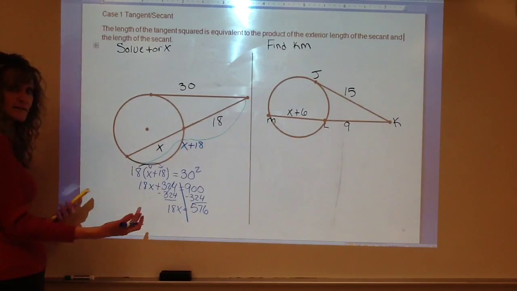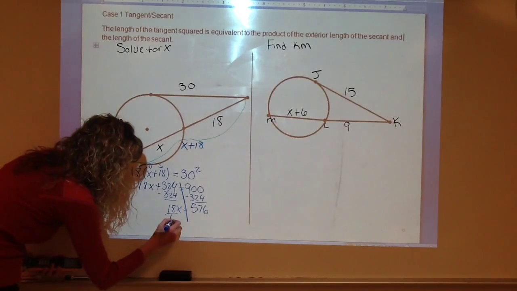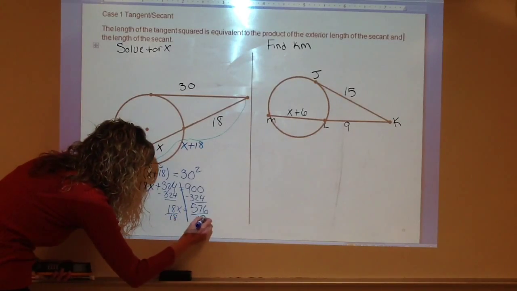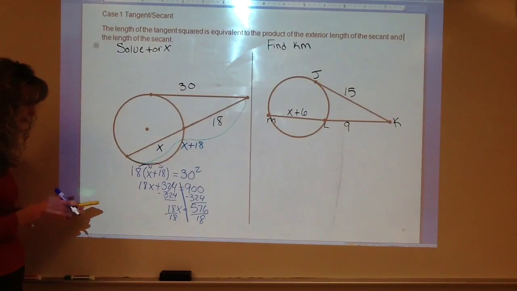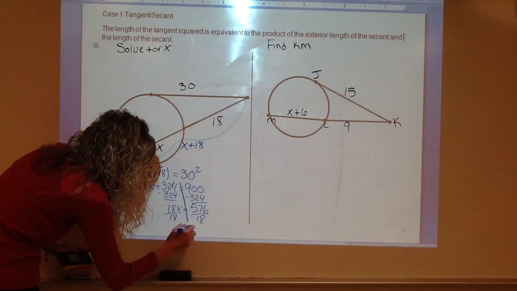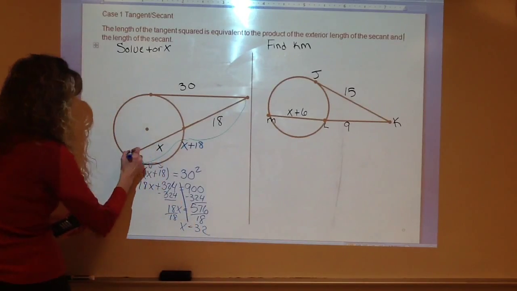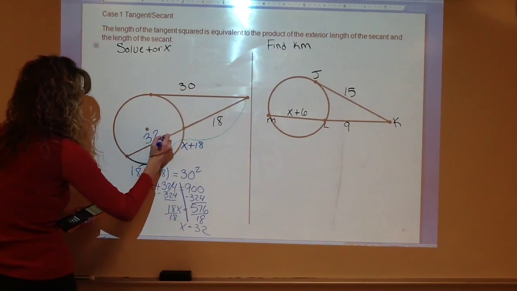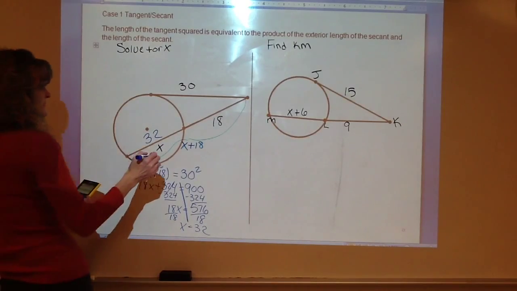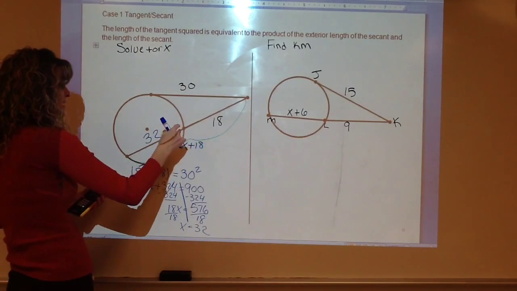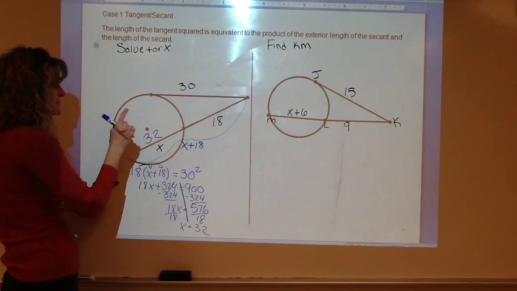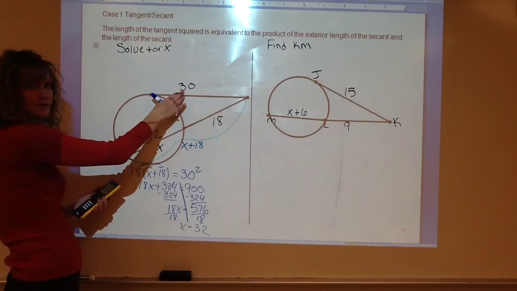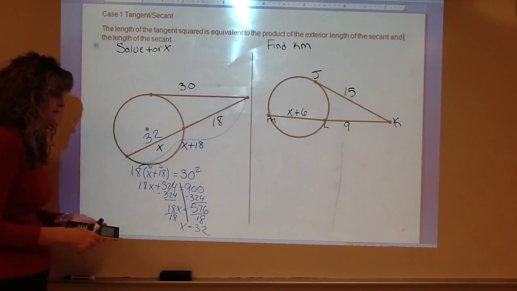I need to get the x alone, I need to isolate it, so I'm going to divide both sides by 18. And I get 32. So this length here is 32. And I can check it. I can see if 32 plus 18, which is 50, times 18 is going to give me 900. So I can plug that back in and check it.